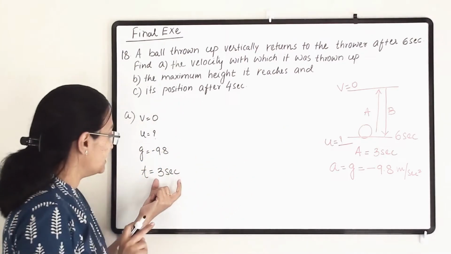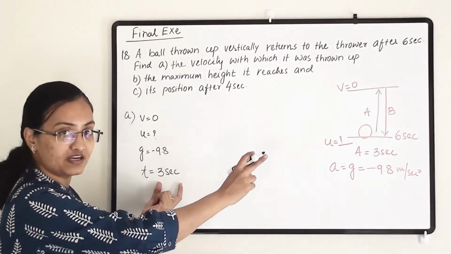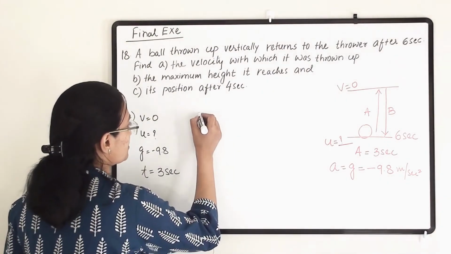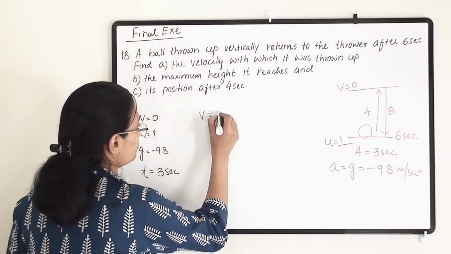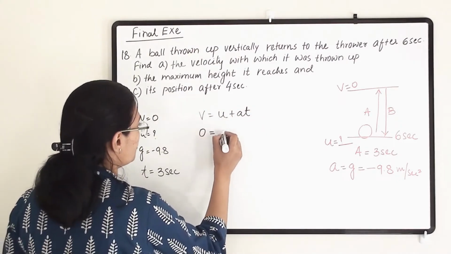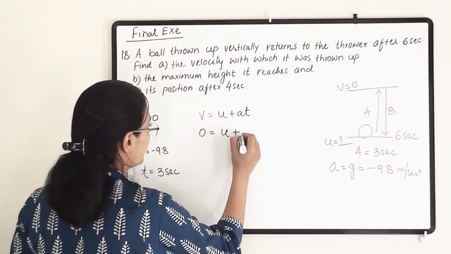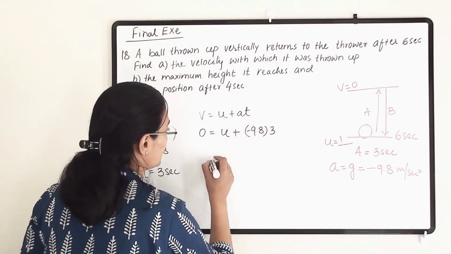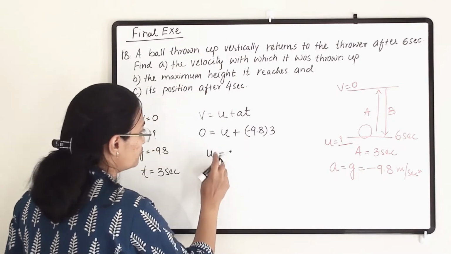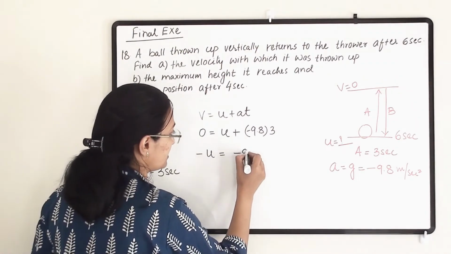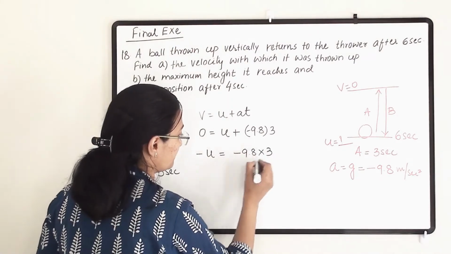So for that, timing is 6 divided by 2, so that is 3 seconds. So here we are going to use the equation v equals to u plus at. Now v is 0, u we need to find out, and at is minus 9.8 into 3. So u equals to, when u is going towards this side, it is going to be negative, and minus 9.8 into 3.